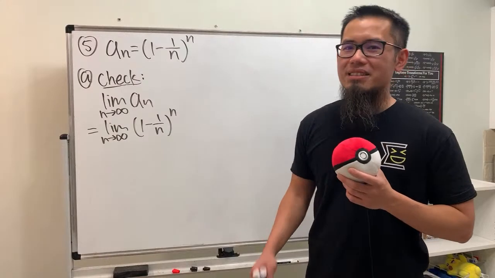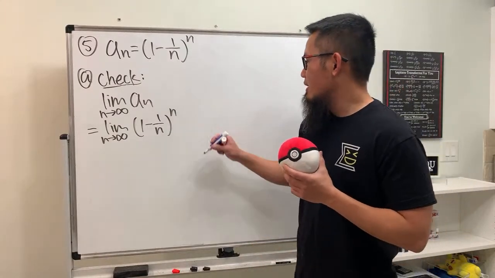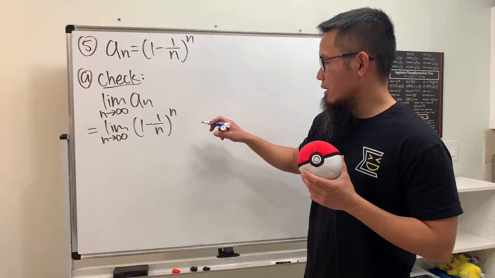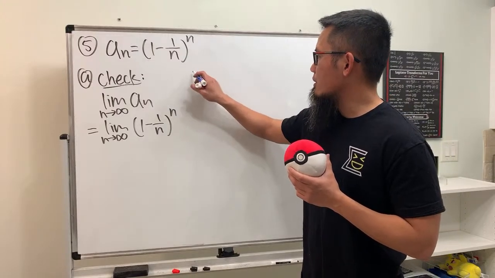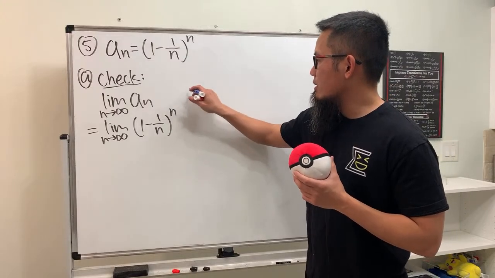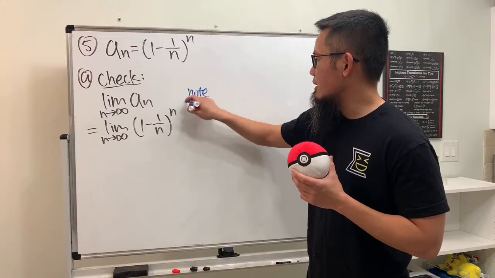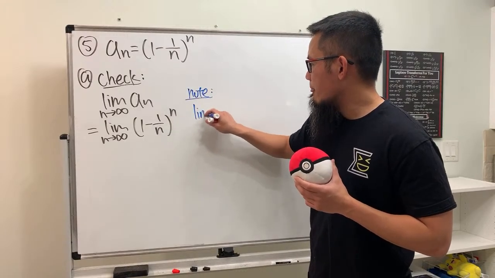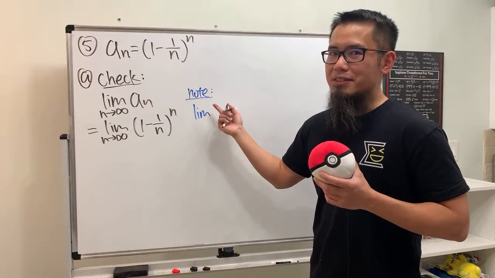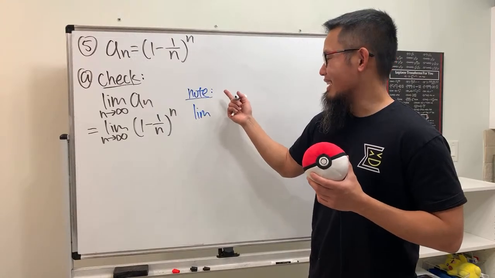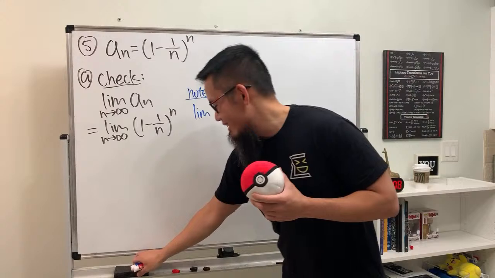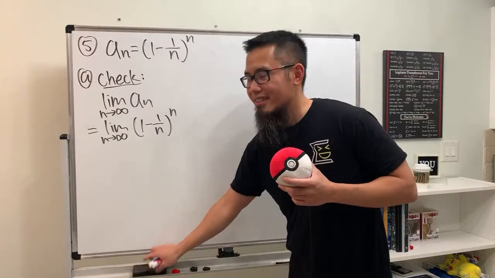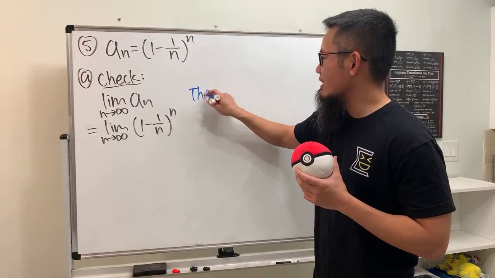Okay, here is a secret weapon that we can use. Let me put this down right here. Again, this is just a secret weapon. By the way, I gave this a name. I don't know if you guys have seen that before or not, but I call this the fact.